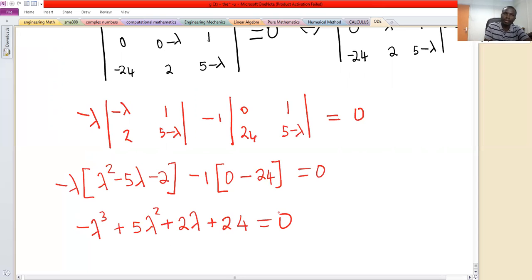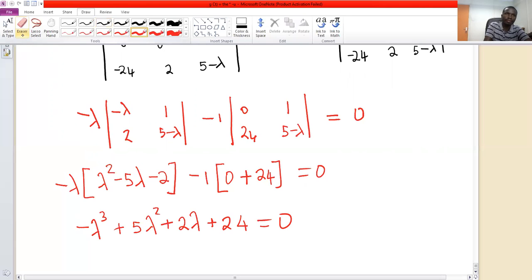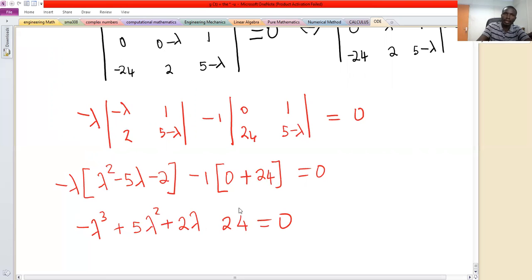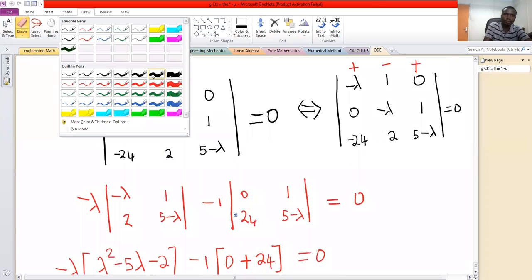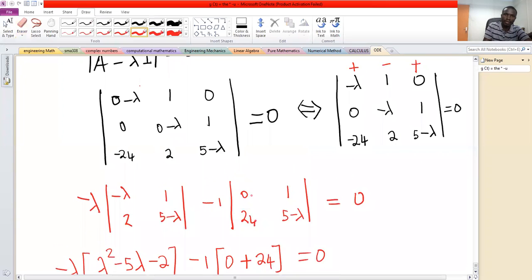So remember this was negative here. So this is negative 24, which means this is plus. So the sign here will be minus. Because here we had this element as minus 24, not positive 24, so correct that. So this is negative.